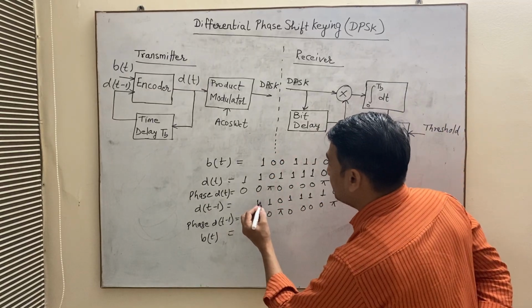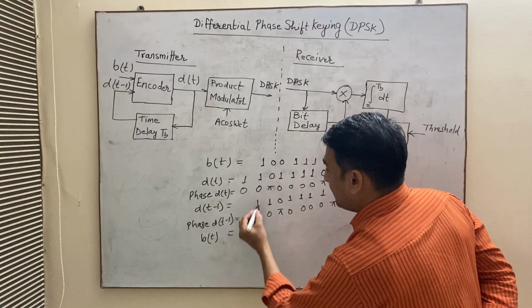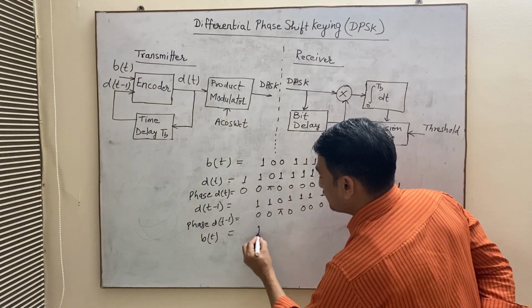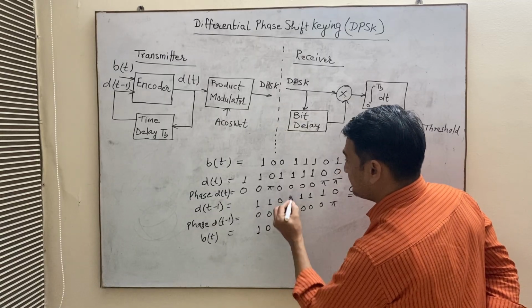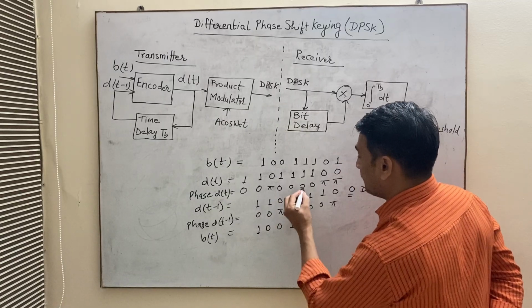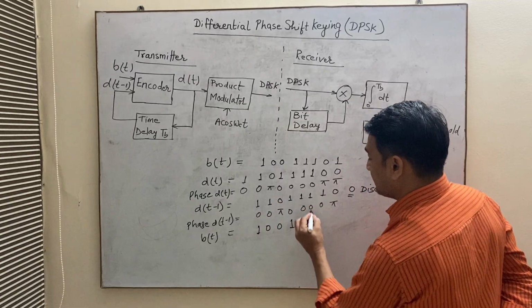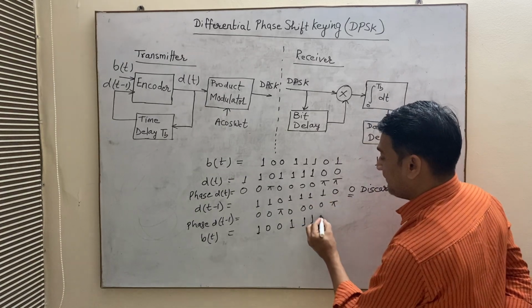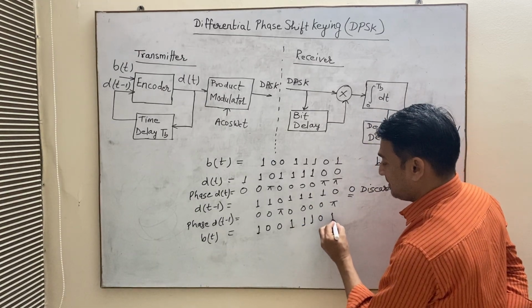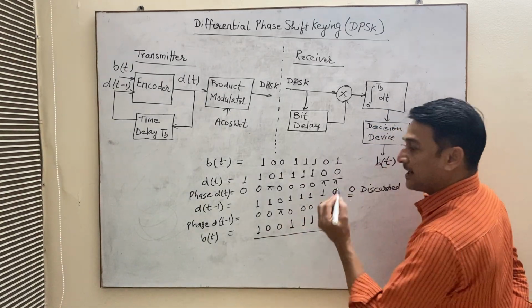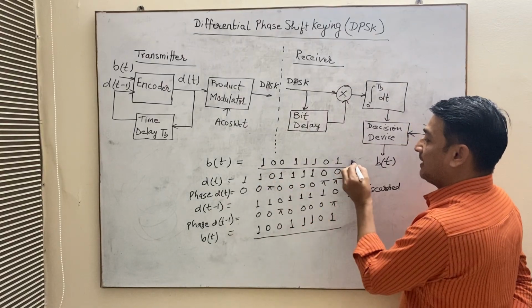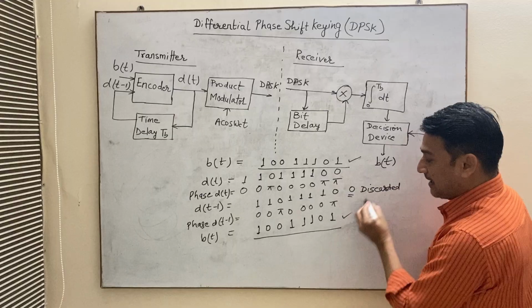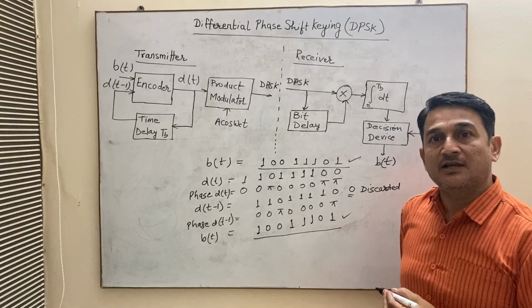Accordingly, we write the sequence: phases same, 1; different, 0; different, 0; same, 1; same, 1; same, 1; different, 0; same, 1. This is the detected output, and this is the transmitted data. As you can see, the transmitted data and detected output are both the same.